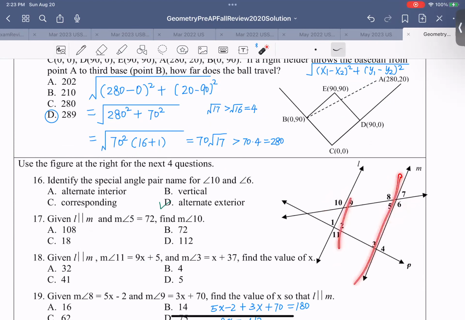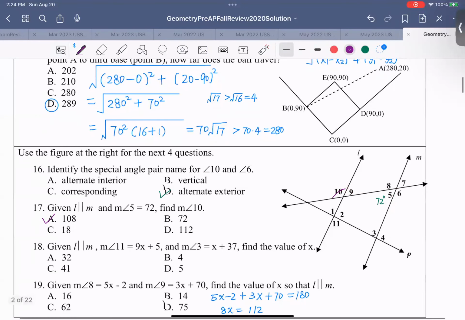If L and M are parallel, angle phi equals 72 degrees. Then let's look for angle 10. How much will angle 10 be? It'll be 108. Good, because that angle equals this one, so you get the supplementary angle.